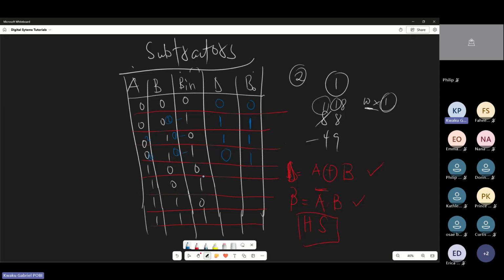Then the next stage, here you get 1 minus 0, which is a 0. Sorry, which is a 1. And then that 1 minus this 1, you get 1. So here you didn't borrow. So here 1, which is the difference, and then the borrow is 0. The next stage, you do 1 minus 0, which is 1. And then that 1 minus this 1 gives us a 0. So the difference is 0. You didn't borrow.